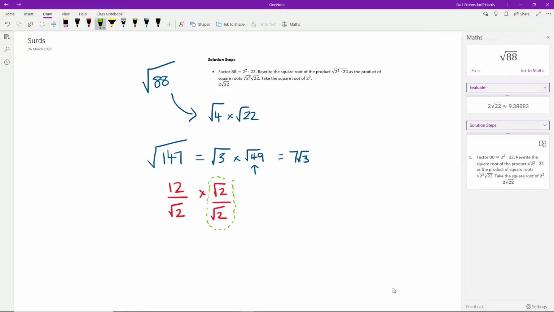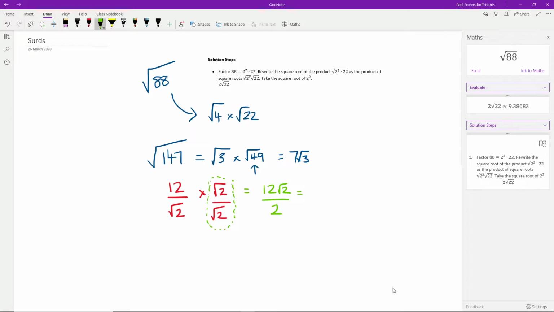Now, what we're going to do is, in order to work this out, we're going to do 12 lots of root 2 on the top. But when you multiply root 2 by root 2, you get 2. It is the way of undoing root 2 times root 2.